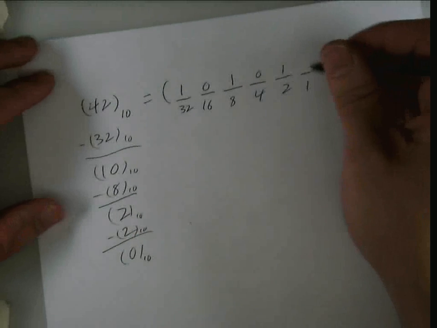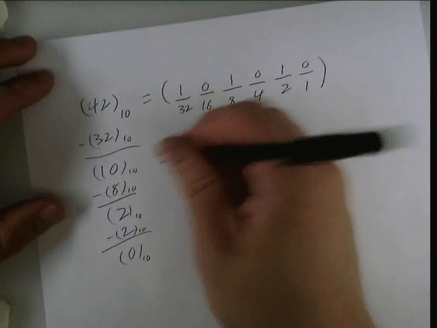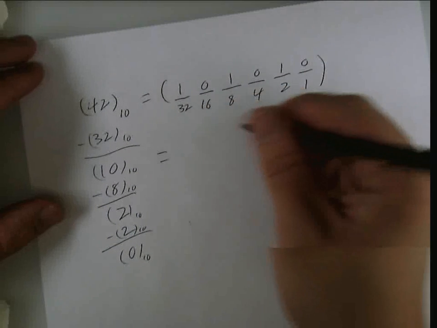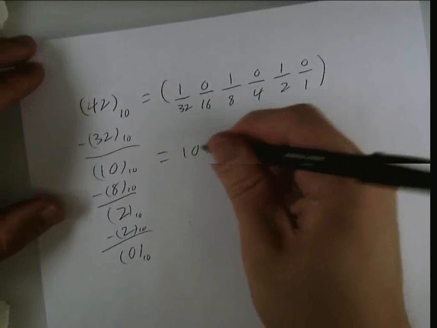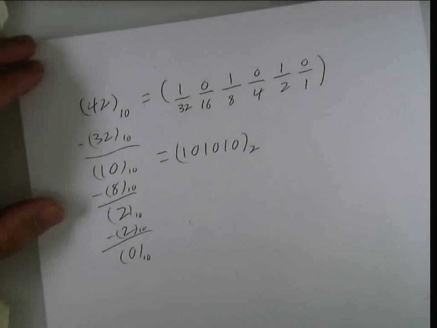And then we don't need anything at the 1. So my number is going to be equal to 1, 0, 1, 0, 1, 0 in base 2.